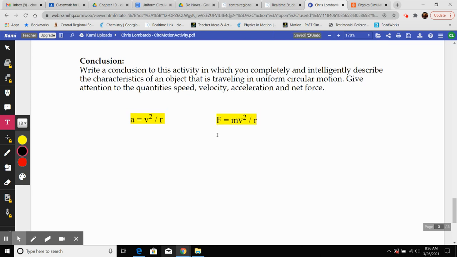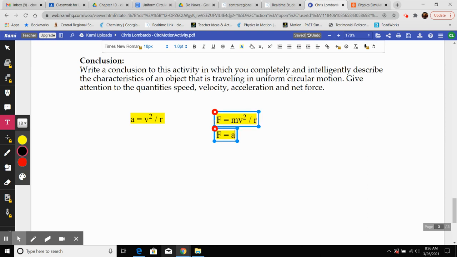Or sometimes you can rewrite it as the force is equal to, technically we should be using the subscript c for centripetal. The word centripetal means center seeking, so it's centripetal acceleration, centripetal force. So you can rewrite the centripetal force as mass times centripetal acceleration, m a_c, right? Mass times acceleration.